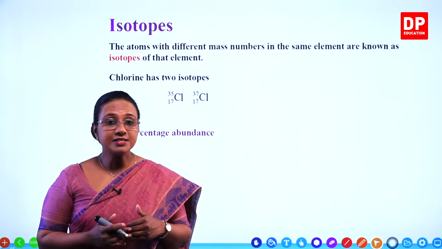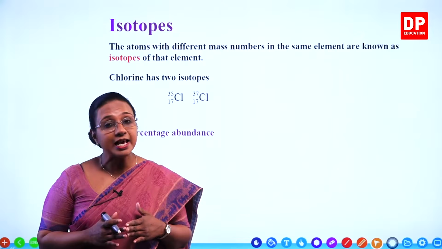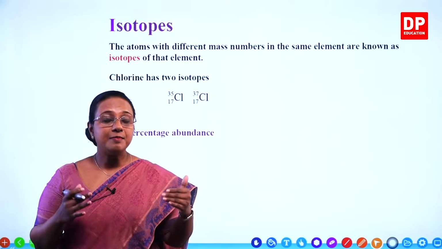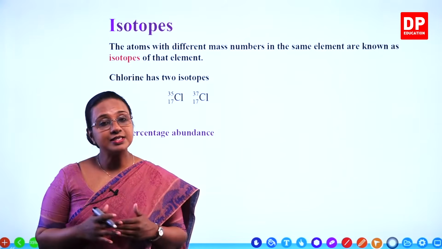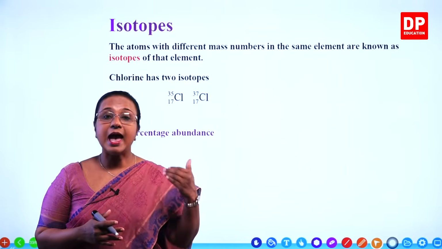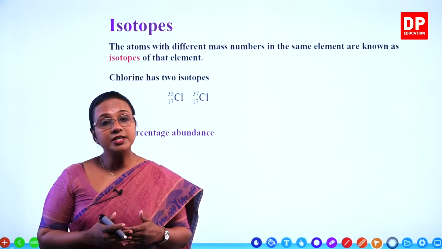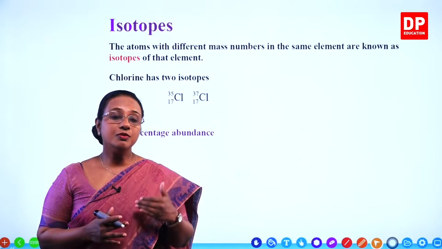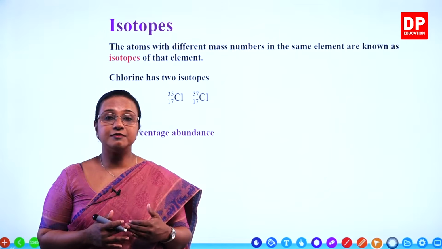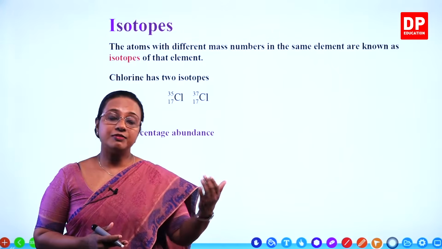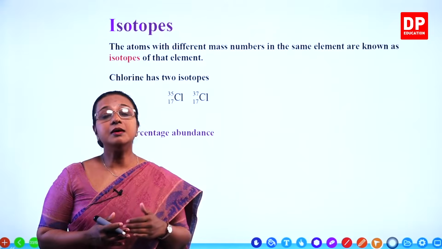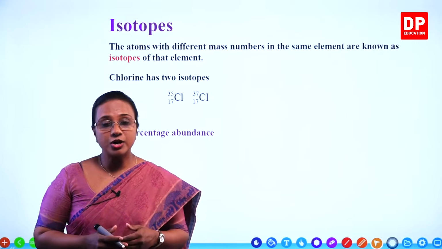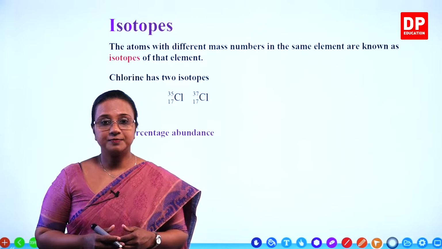Then we discussed how to write the electronic configuration of atoms, and based on that, we classified and divided atoms into the modern periodic table. Then you know how to identify the position of different elements in the periodic table based on their electronic configuration.